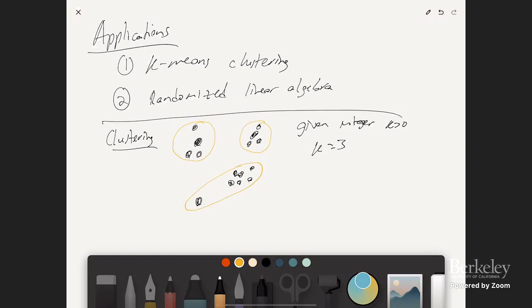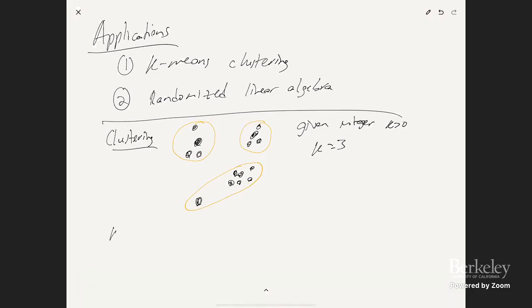And in K-means clustering, the goal is to find cluster centers y1 up to yk. These don't need to be in the original input.